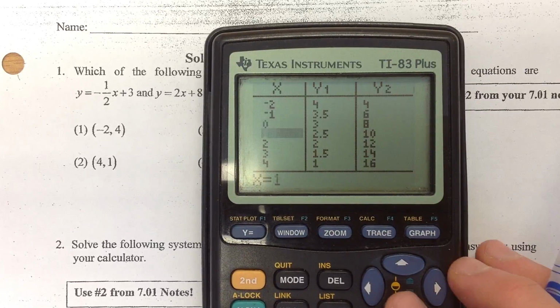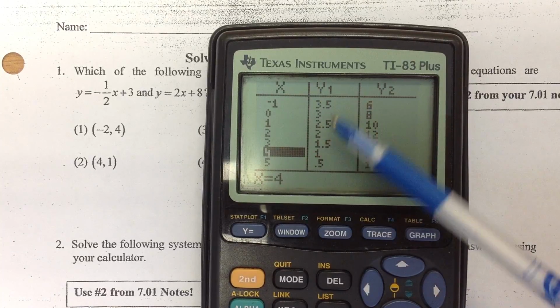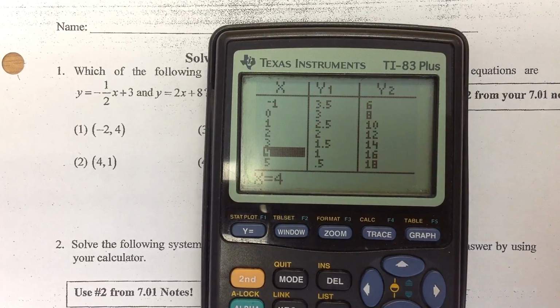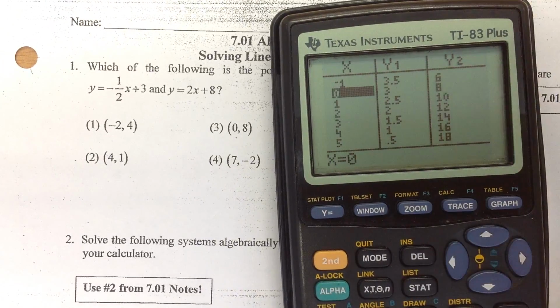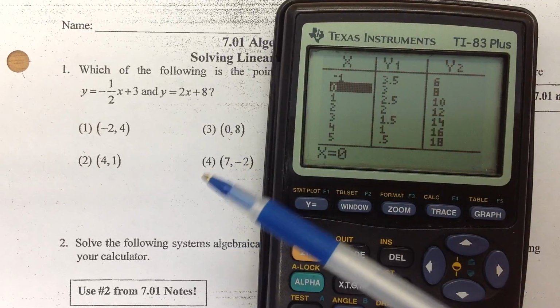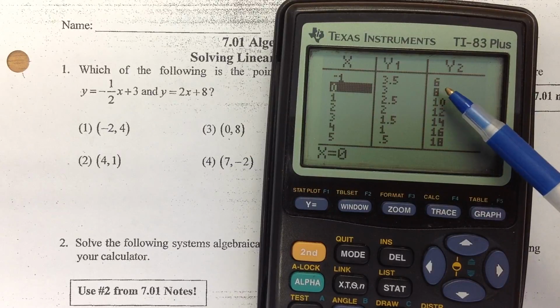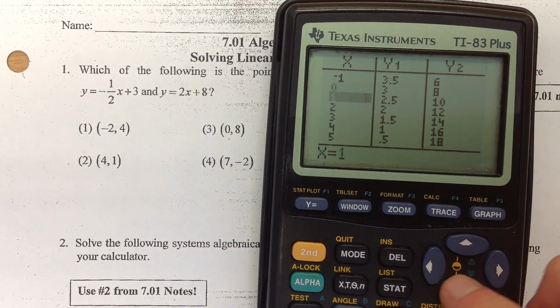Number 2 is 4 comma 1. When we go down to 4, y1 is 1, which is our first equation, but y2 is 16, which is our second equation. So that one doesn't work. If we look at 0, 8, that's our third choice. When x is 0, our second equation is 8, but our first equation is 3. And last but not least, 7, negative 2.